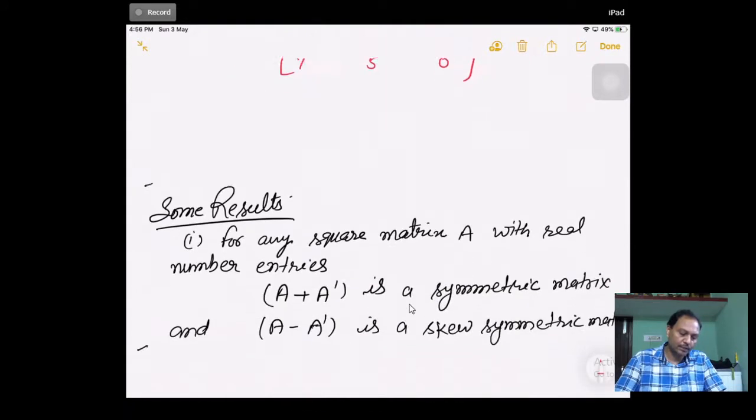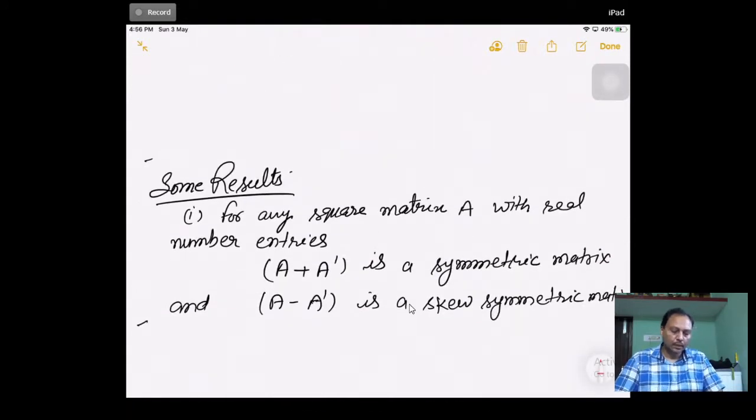Now some results. The first result is: for any square matrix A with real number entries, the sum of that matrix and its transpose, that is A plus transpose of A, is a symmetric matrix.